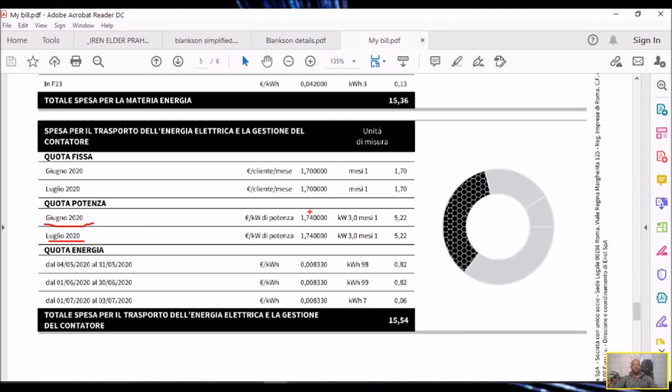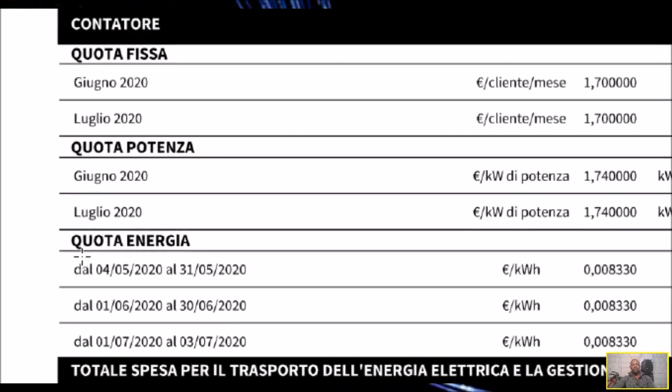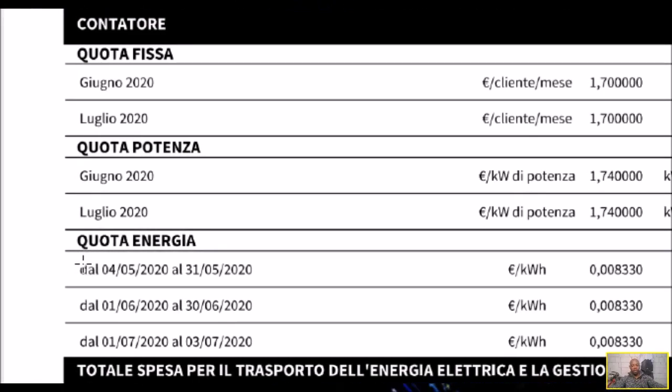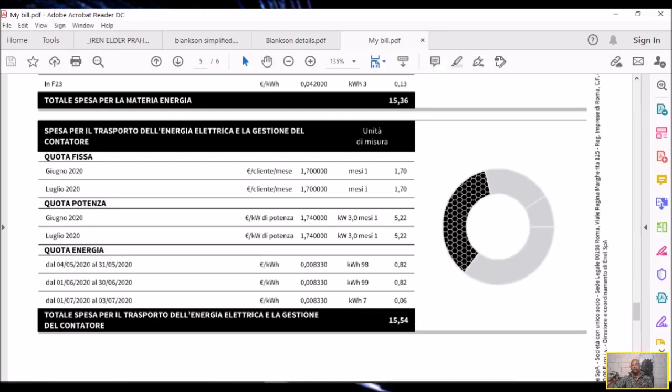Then you come to Quota Energia. That is also one thing which is decided by the government. So just as you see it here, 0.0083 times this 98 kilowatt hours, which refers to F1, F2, F3 within this month, about 98.